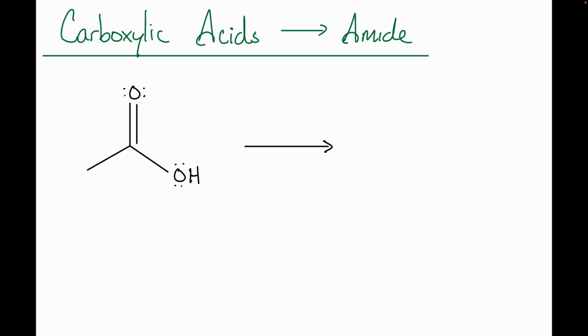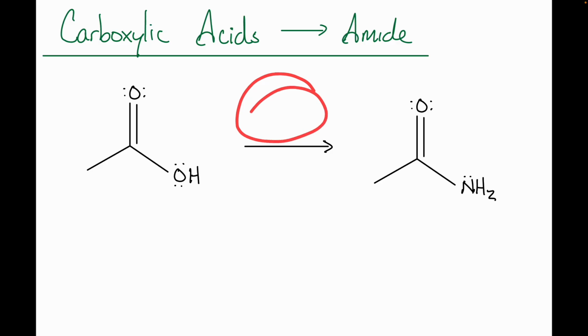Our carboxylic acid being converted to an amide. And I told you that it's not going to work, but let's say just using the same logic of what we saw above with all of those reactions, what reagent would I use to do it? Ammonia, right? So I would take my amide functional group here, that NH2. I would protonate it. Boom.